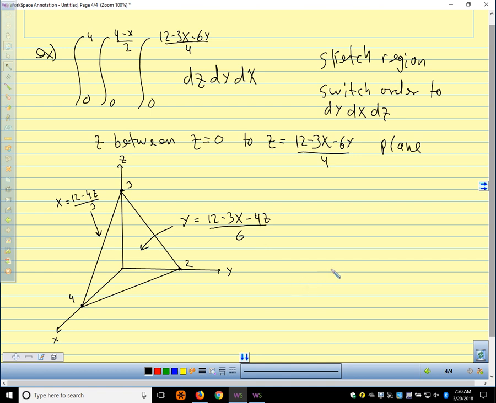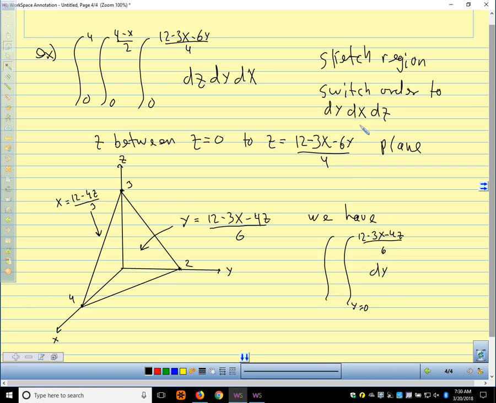All right, so when we switch our order, now this is our region in the xz plane. So the inner integral is going to be y equals 0 to (12 minus 3x minus 4z) over 6, dy.